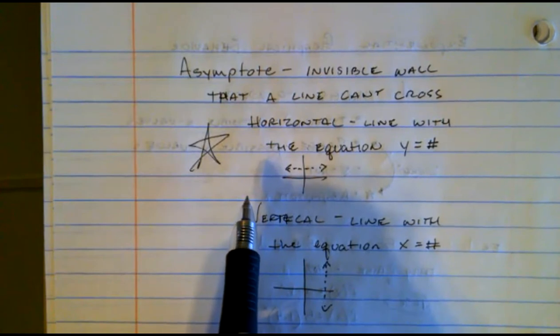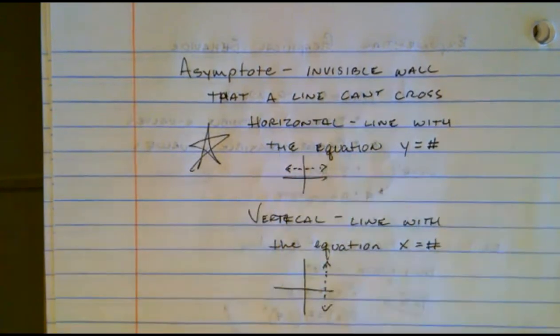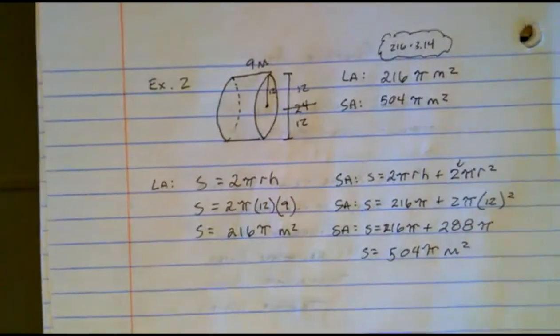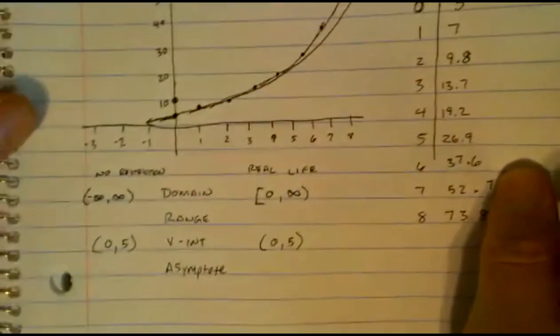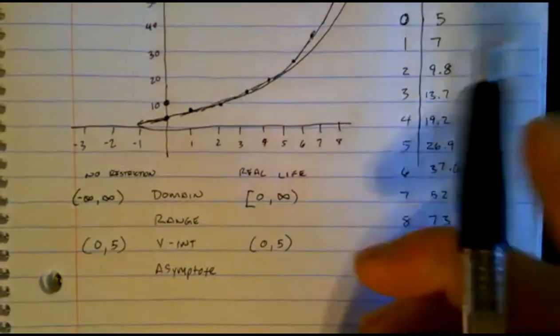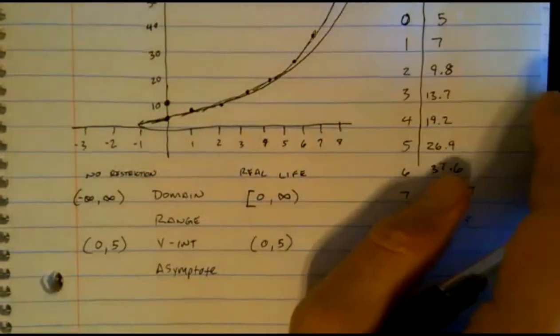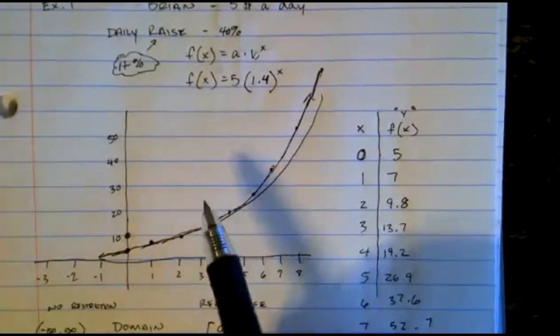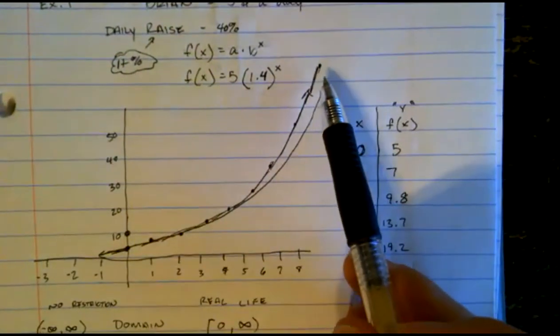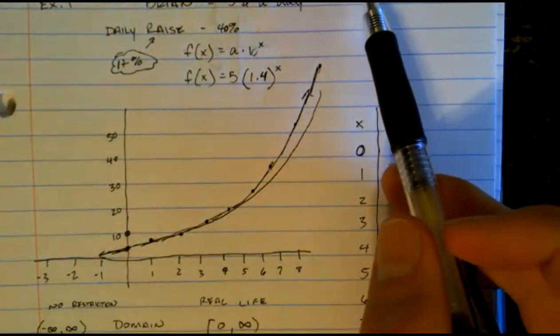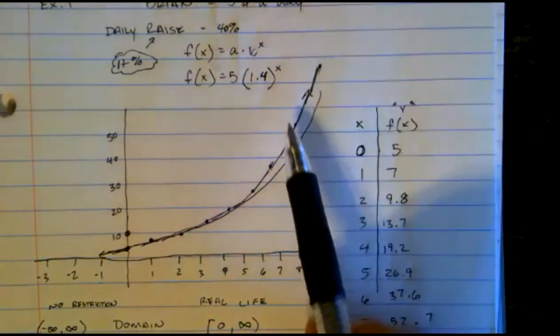Going back to the previous graph and thinking about the behavior, we don't have one as we go up, because on the 9th day we go up even further, and on the 10th day even further.